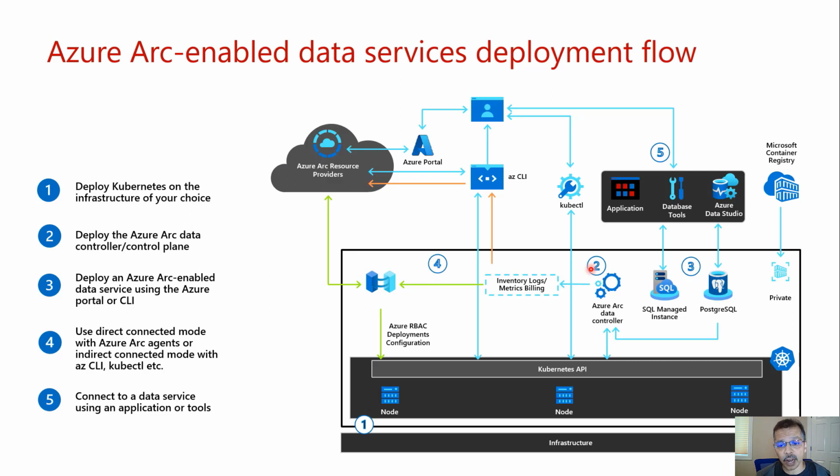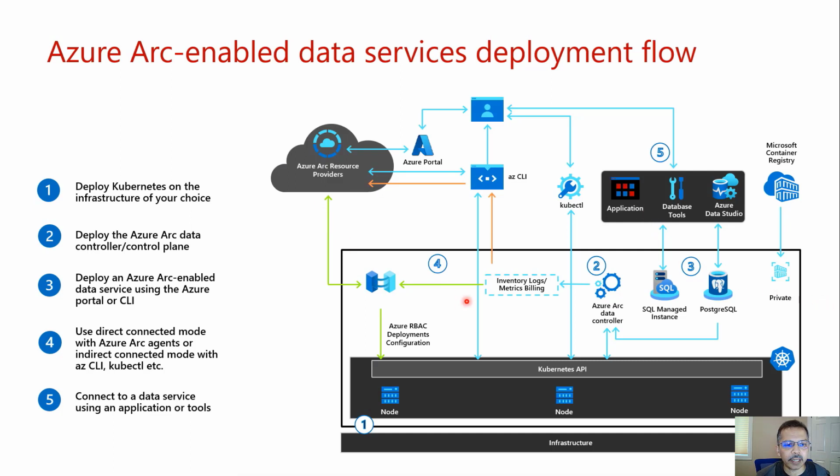These pods provide all the management capabilities right there from the Kubernetes cluster. Next, you're ready to deploy the actual SQL managed instance or Postgres using the Azure portal, Azure Data Studio, Azure CLI, or even Kubernetes native tools like kubectl, Argo, Flux, and so on.